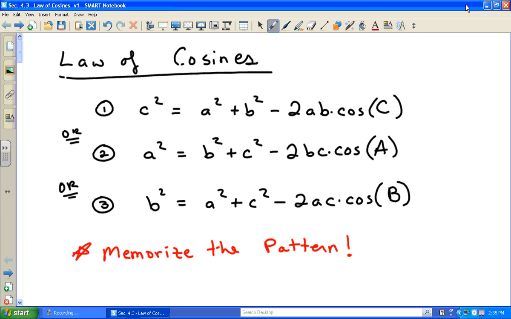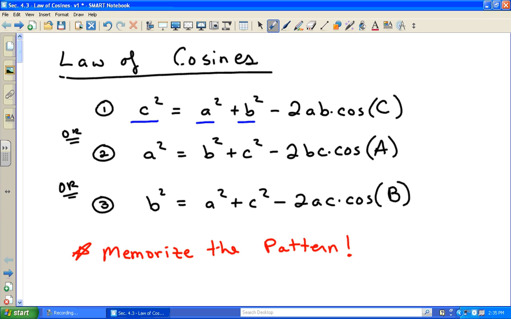But you're going to always start with one side. So let's say on the first formula, I've started with c squared. On the other side of the equal sign, you're going to next have the other two sides squared. So we already have c squared on one side. Across the equals, we're going to have a squared plus b squared added together.